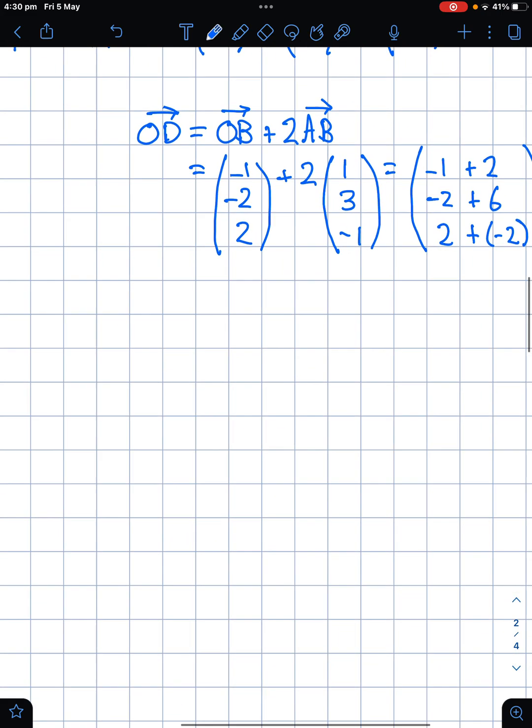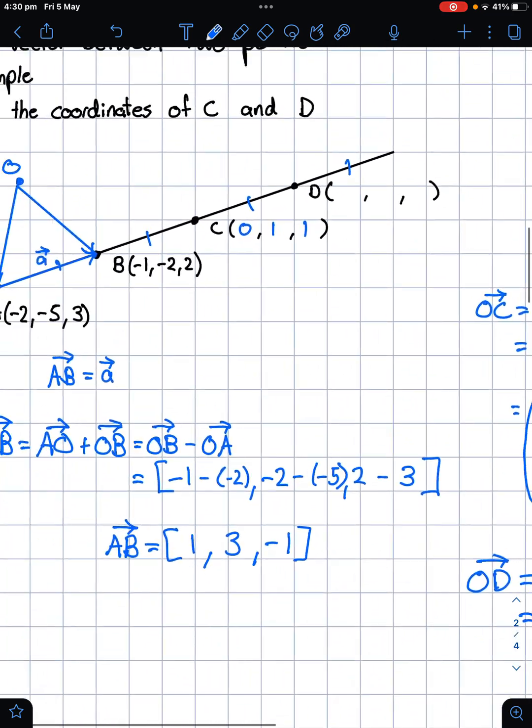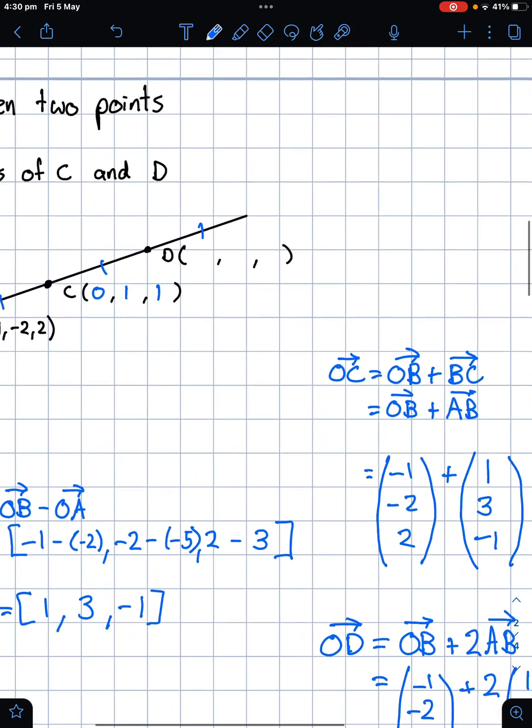That means this vector here is going to be -1 plus 2 is 1, -2 plus 6 is 4, and 2 take 2 is 0. So we're looking at (1, 4, 0). So I'm going to rewrite this as (1, 4, 0).